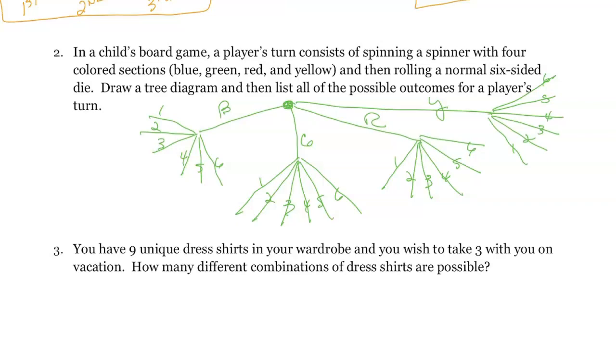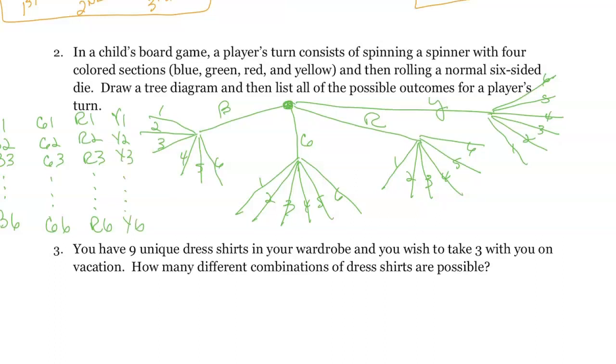What are my options? Well, I can do B1, B2, B3, dot, dot, dot, all the way down to B6, G1, G2, G3, dot, dot, dot, all the way down to G6, R1, R2, R3, dot, dot, dot, all the way down to R6, and lastly, Y1, Y2, Y3, dot, dot, dot, all the way down to Y6.